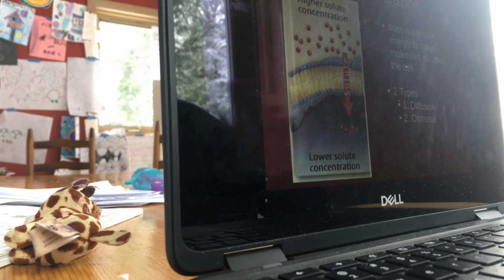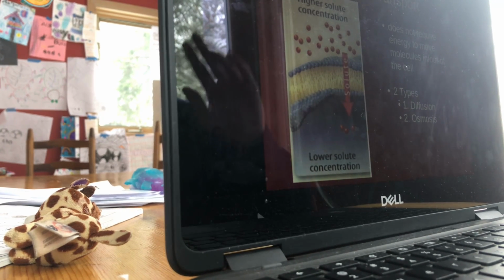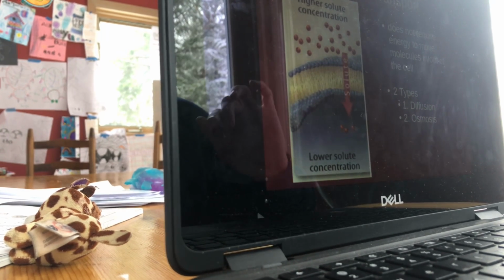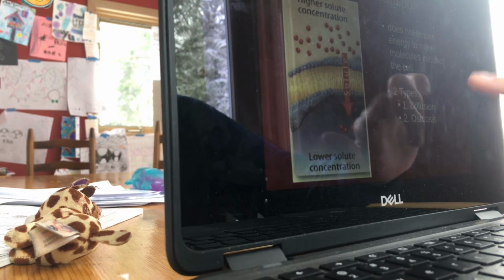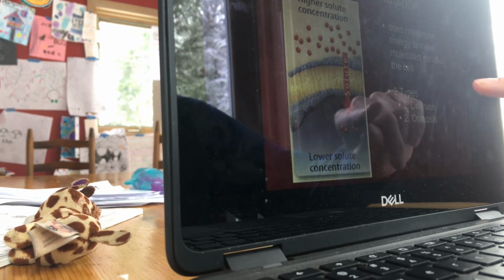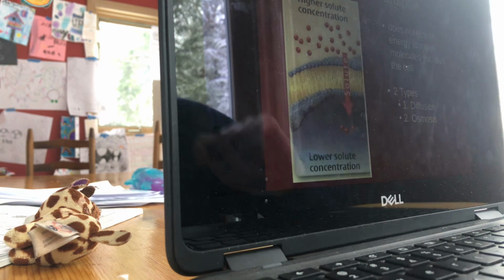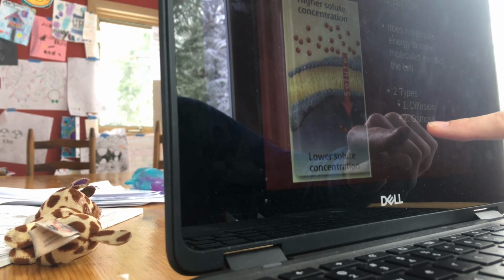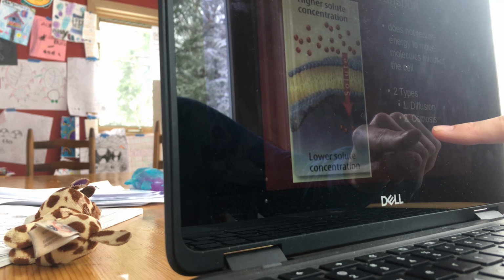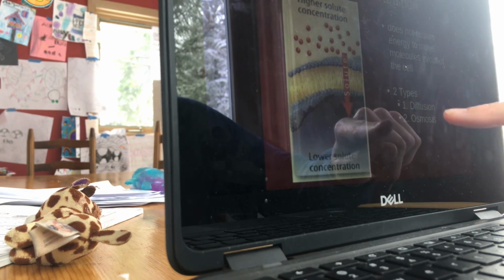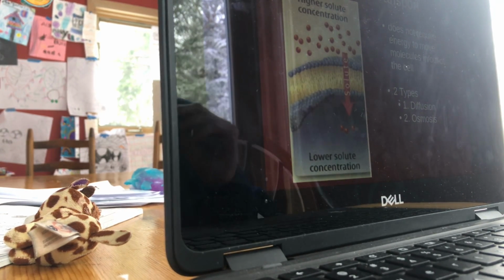It does not require energy, just moving across the cell membrane. Now, there's two types of passive transport. The first is simple diffusion, moving across the cell membrane. And the second is from our lab from last week, and that's osmosis, which is specific to water. That's what we looked at with the egg.